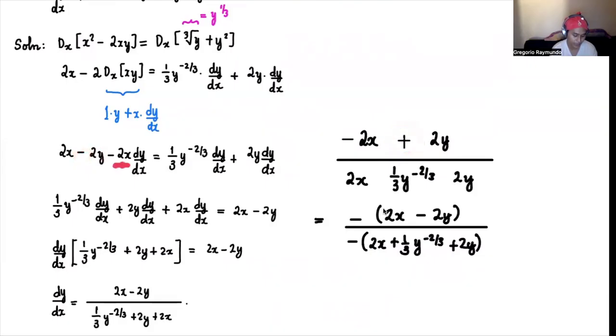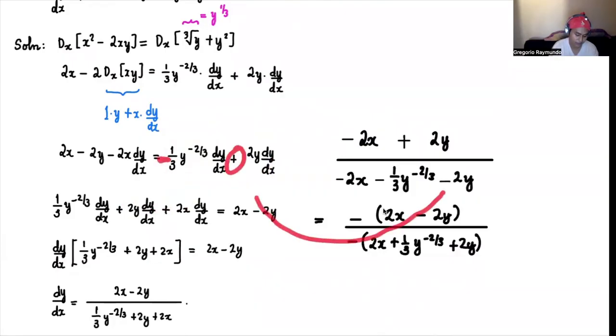How about negative 2x dy over dx? Yes, nasa left-hand side na siya. So, we retain the sign, negative 2x. How about this? Wala siya sa left-hand side. So, we negate the sign, negative 1/3. How about 2y? Wala rin siya sa left-hand side, so negative ang gagamitin kasi positive siya.